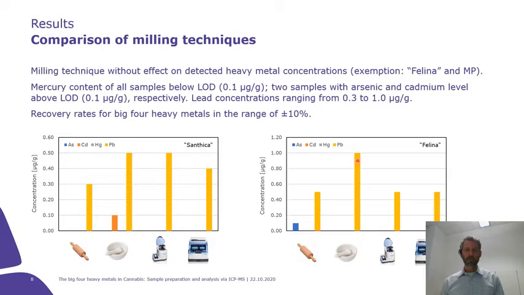So in that case, you would need to do better homogenization, as was done here, or you need to reanalyze your sample. This is not listed anywhere, but I made a comment here. The recovery rates are quite nice for all the elements, plus minus 10%.